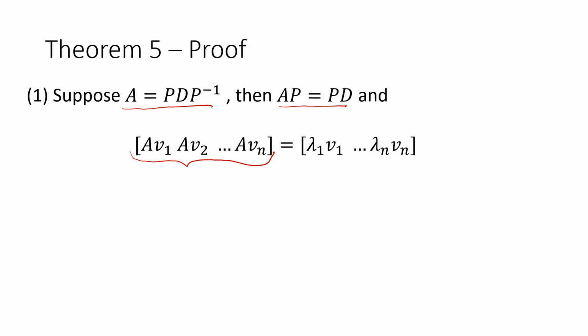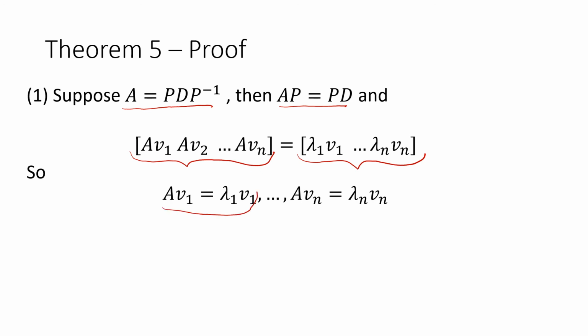Since we're assuming that they're equal, it has to equal lambda 1 v1, and so on. Well, since that happens, then A v1 has to equal lambda 1 v1, and A vn has to equal lambda n vn, and everything in between. So every column of your matrix AP has to equal the column of PD.